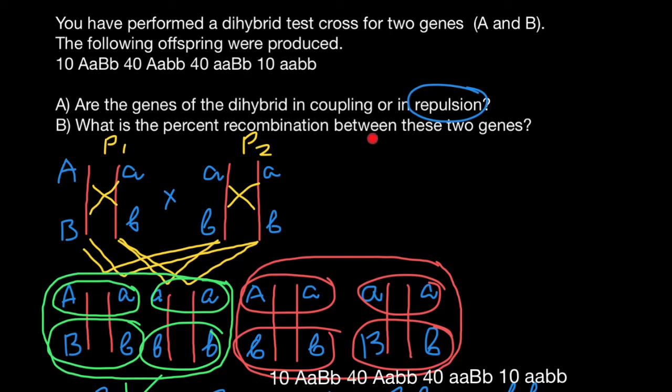And as for the second question, what is the percent recombination between these two genes? As I said earlier, if gene A and B would be at the very tip of the chromosome, the maximum number of recombination would be 50%, whether recombination happens or not.